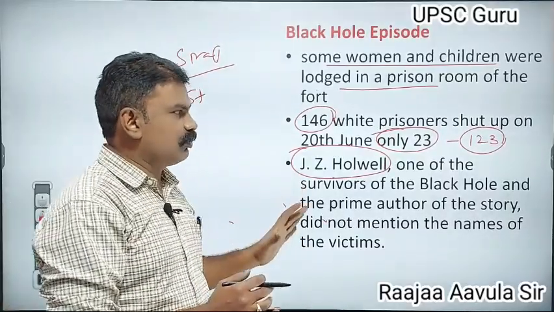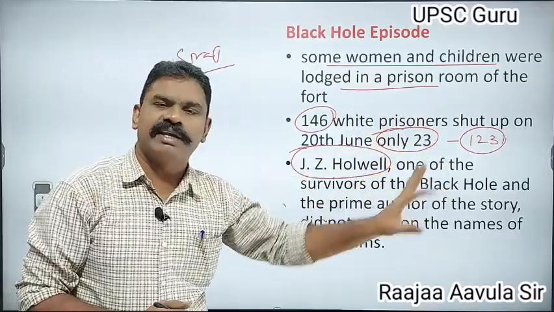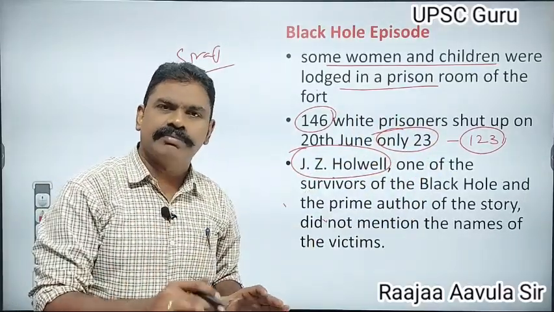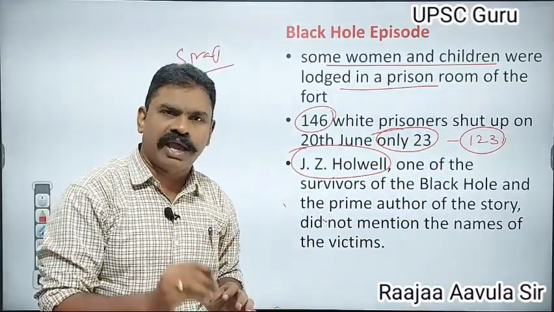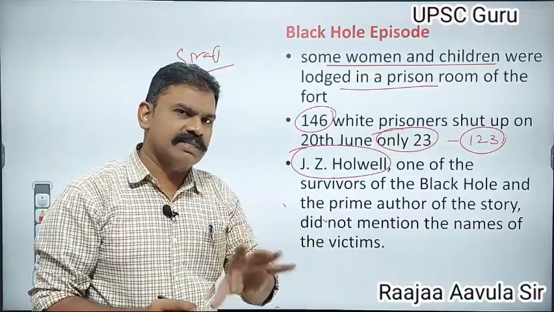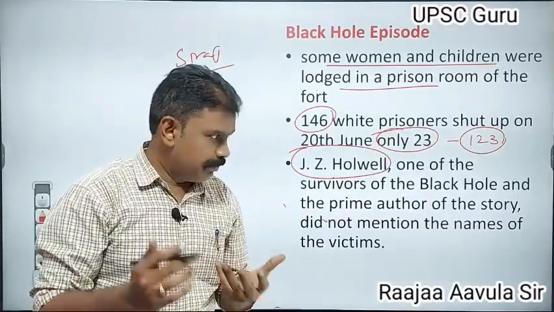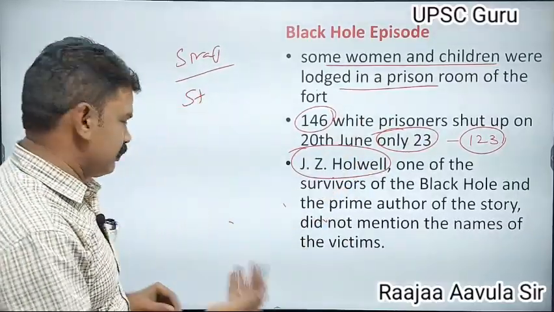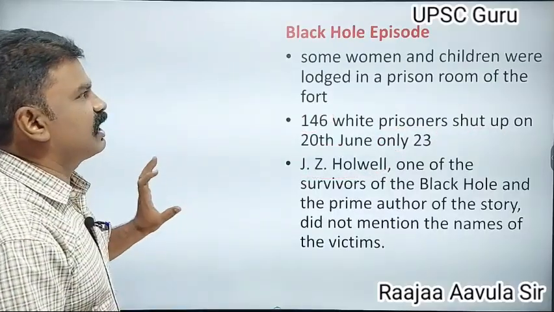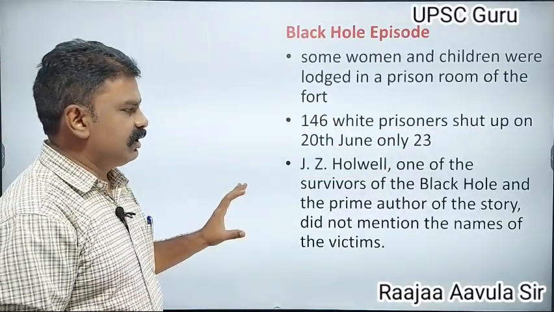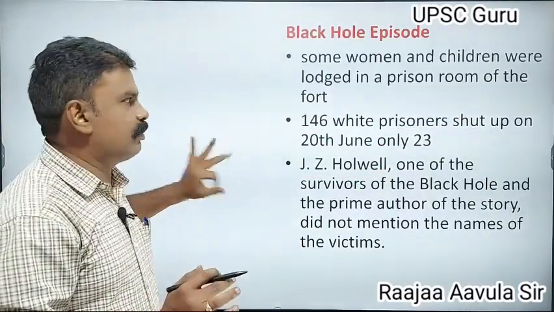That was the doubt, whether 123 members died or not. There might have been some loss of lives, but not that much. This is what is called the Black Hole Tragedy in the history of modern India.